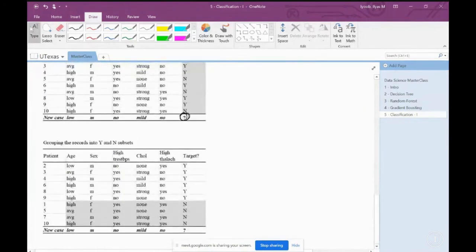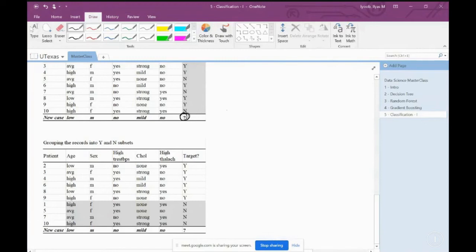The first thing we do is order the patients into yeses and nos. I put all the patients that have the disease up top and those that don't at the bottom, for ease of calculation, because we're going to do this manually. Now let's create a table.